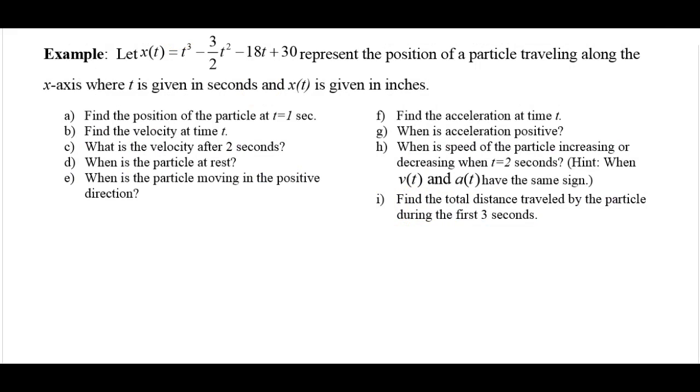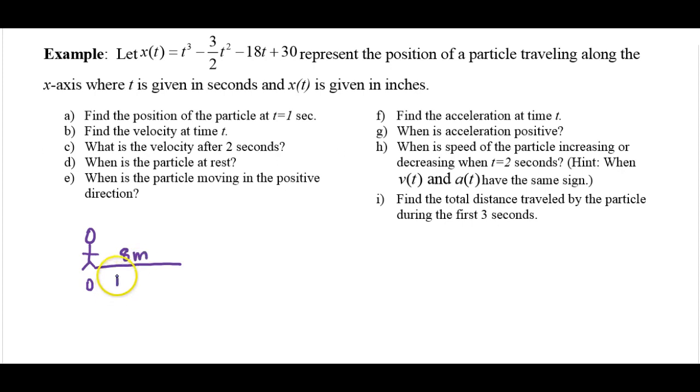Alright, so we now have to work on part I, and part I is going to take a little bit of thinking about. Find the total distance traveled by the particle during the first 3 seconds. So first I want to go back and think about that man that was walking on a horizontal line for a second. So he started out at the origin, or at an initial location, and then after 10 seconds had passed, he traveled 8 meters.